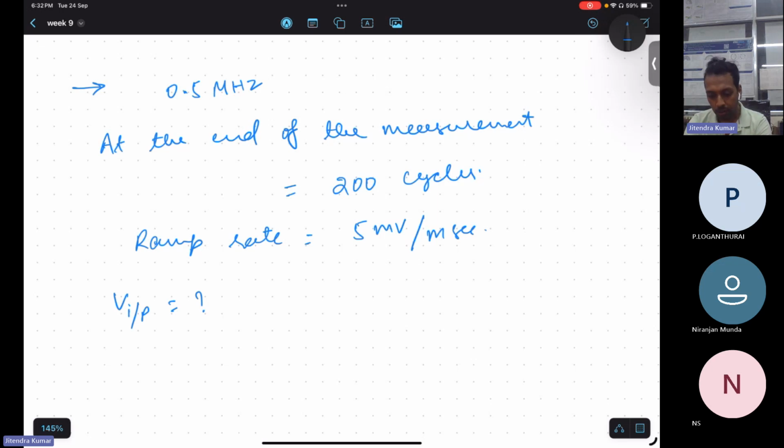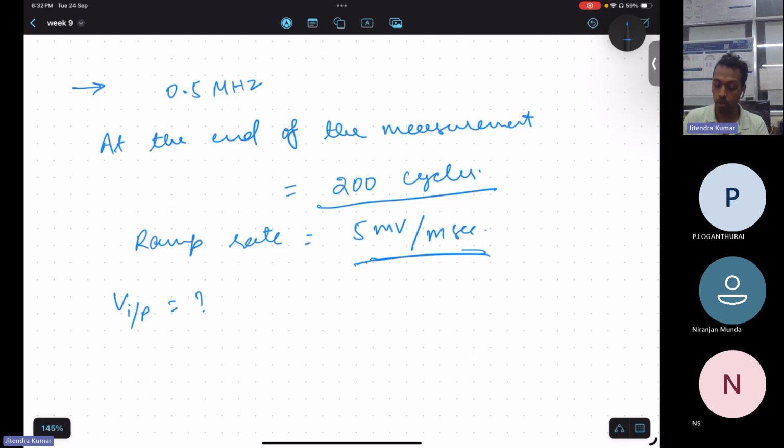To calculate input voltage, since we have the ramp rate given, we could easily multiply the ramp rate by time, right? The unit is millivolt per millisecond, and we have to calculate how much time is taken by the 200 cycles.